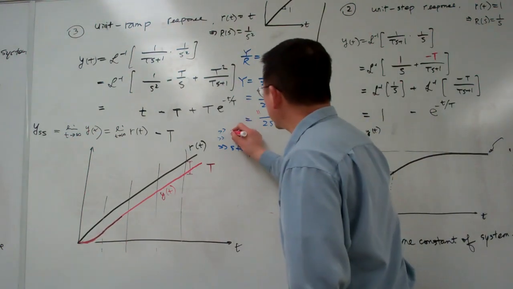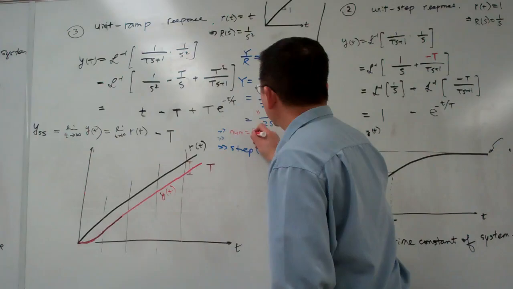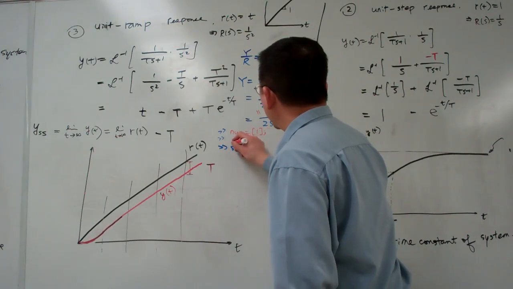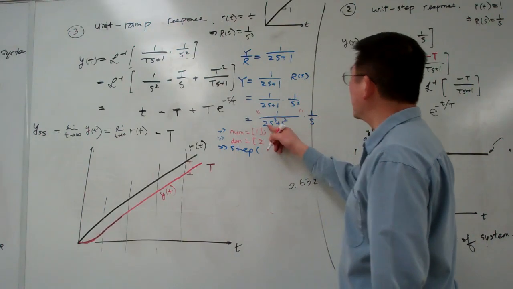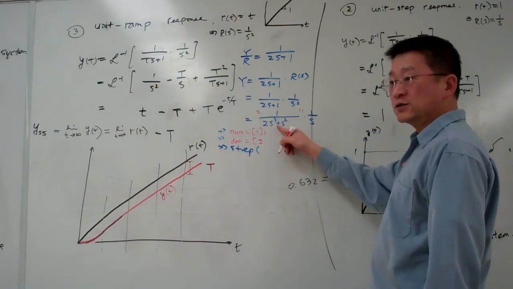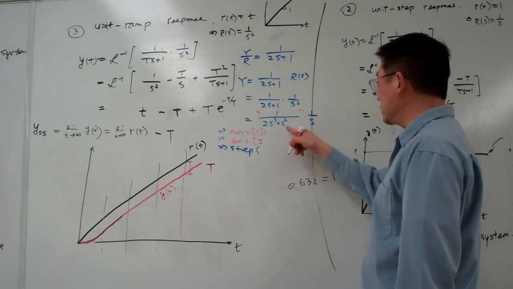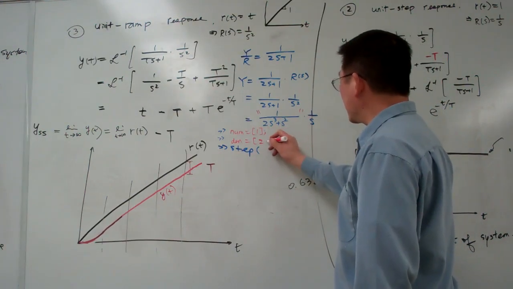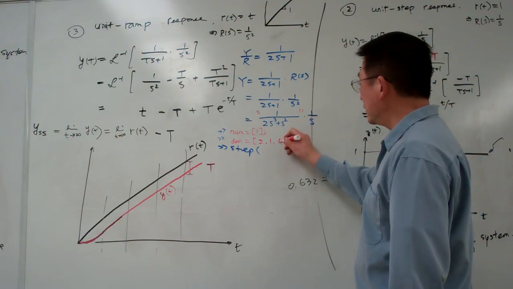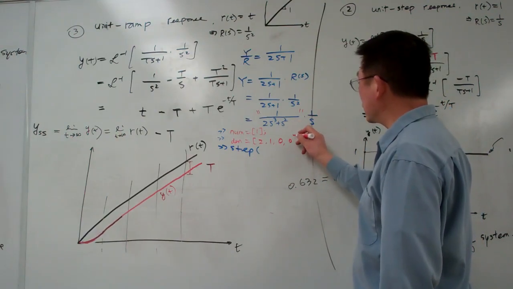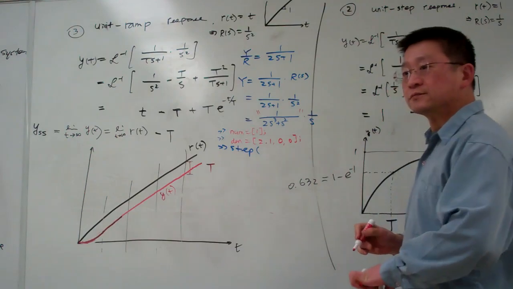So here the numerator equals 1, and the denominator equals [2, 1, 0, 0]. We write the coefficients in decreasing order: 2 and then 1, then the s term is 0, the constant term is 0, so we write it like this.